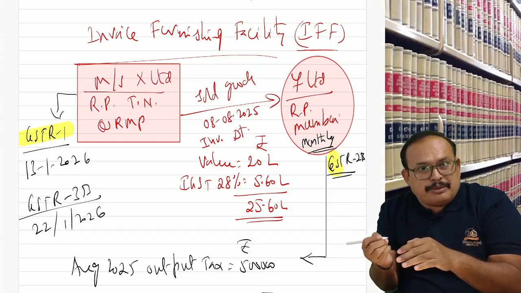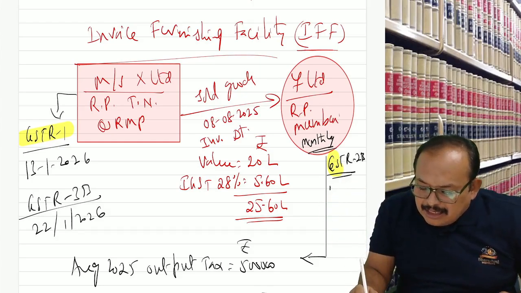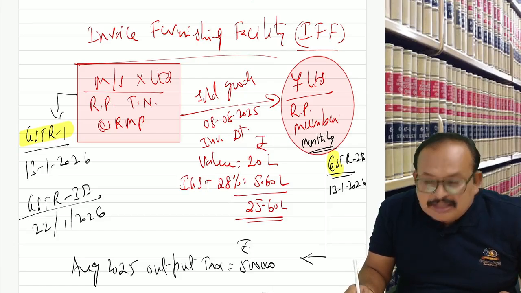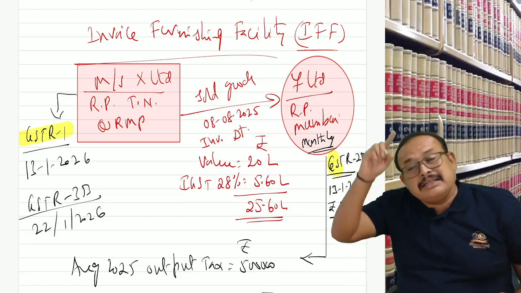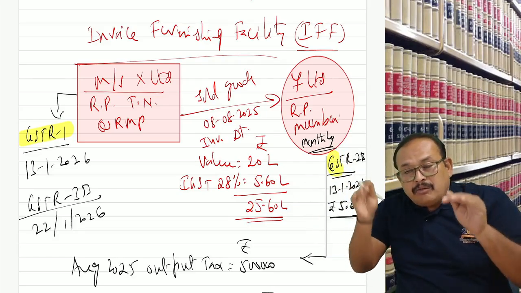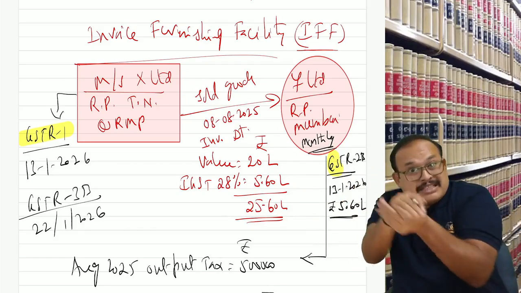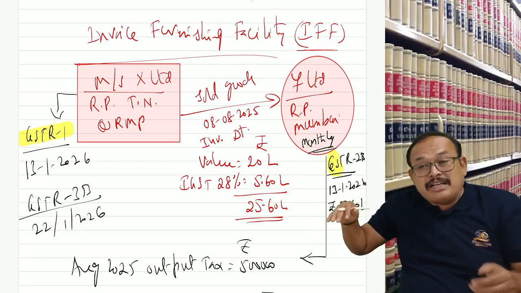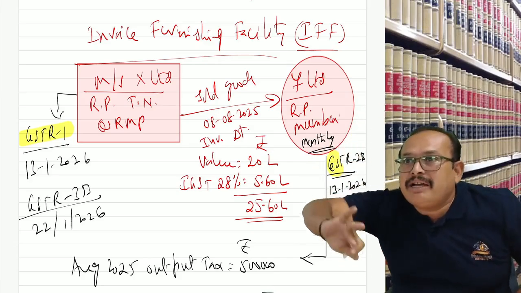The moment the return is filed, GSTR-1 reflects on 13 January 2026, reflecting credit of how much? 5,60,000 ITC that month. That means Y Limited is going to pay tax for the month of December by 20th January 2026. Only at that time can he avail ITC.